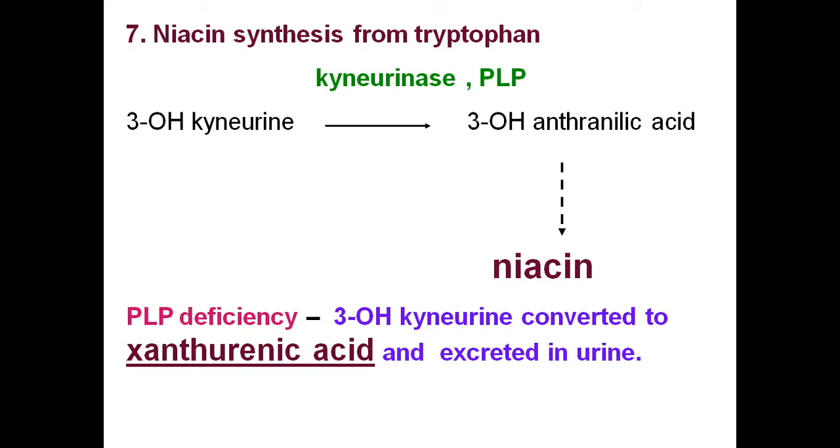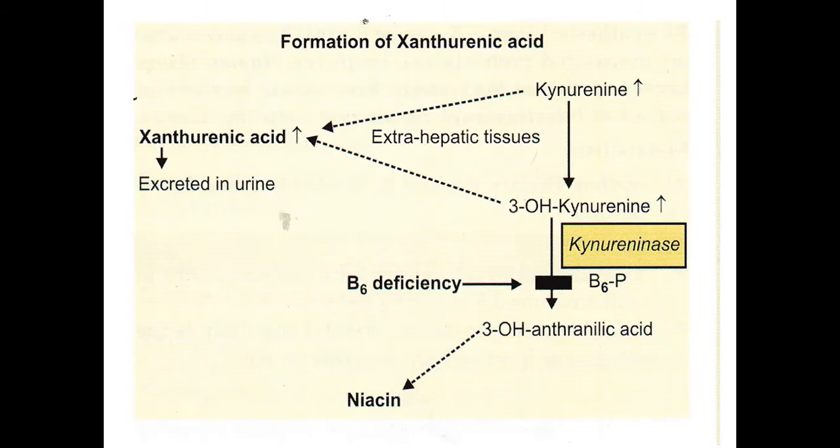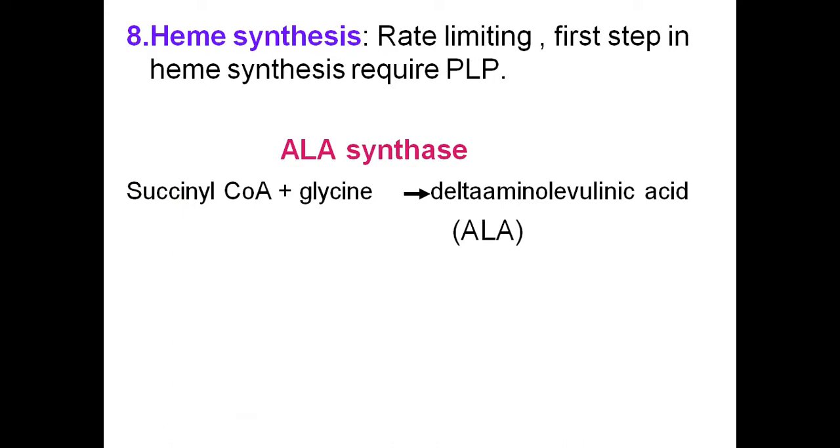So PLP deficiency can affect many metabolisms. Deficiency results in the accumulation of 3-hydroxykynurenine, which is converted to xanthurenic acid and excreted in urine, resulting in a condition called xanthurenic aciduria.